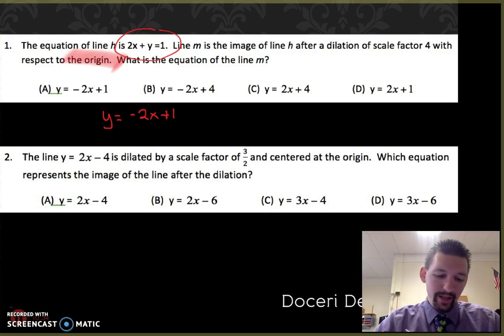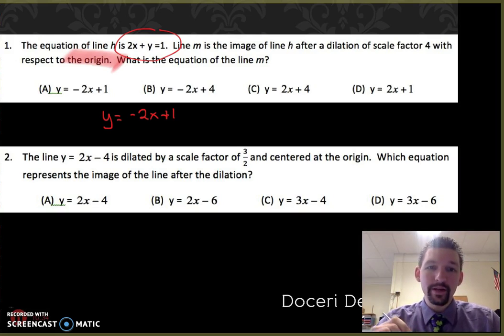So when we're dilating lines, we know that if the center is not on the line, then the slopes are going to be the same. So our slope for this is going to be negative 2. So right away we can eliminate choice C and choice D because our slopes are not correct. Then we can say, okay, our y-intercept, our B, is 1.